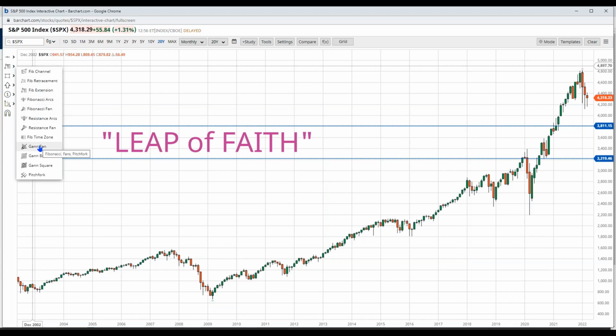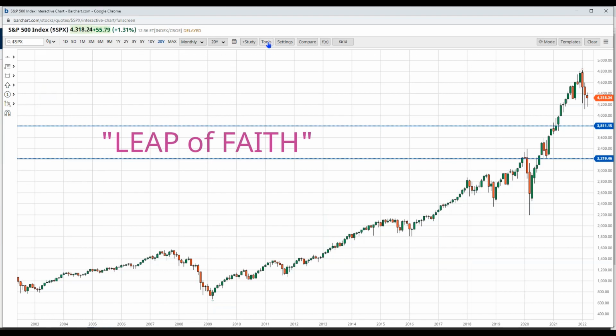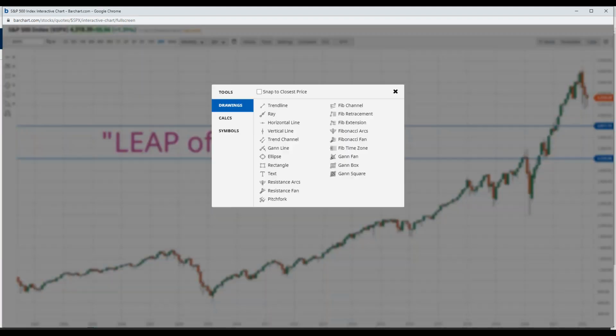Now we have several Fibonacci tools. We have channels, retracements, extensions, arcs, fans, and we actually have something called a Fib time zone. For time's sake today, I'm only going to do the retracements and extensions. If you're interested in the other ones, just Google them and see how you can process them. I can find them over here, but I can also find them up here in the tools.